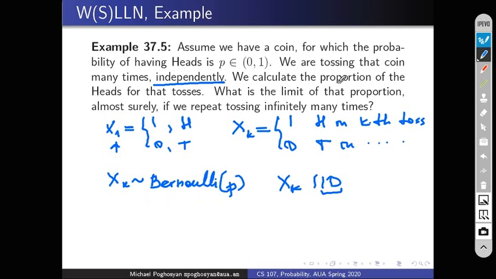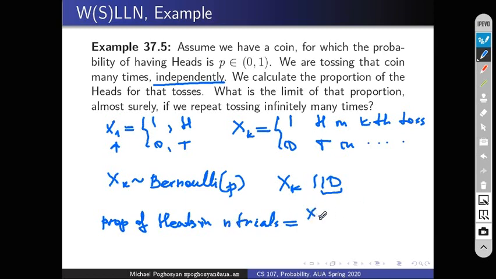Now, how to calculate the proportion of heads in that case? I want to calculate the proportion of heads in the first n trials. This is equal to the following. I need to calculate how many heads I have in those n trials.